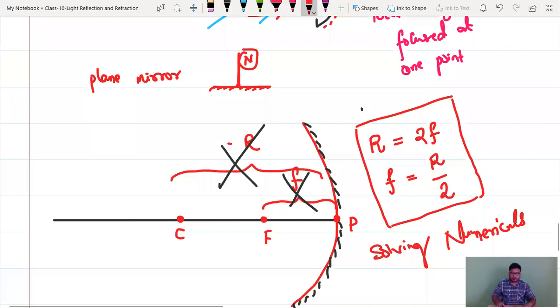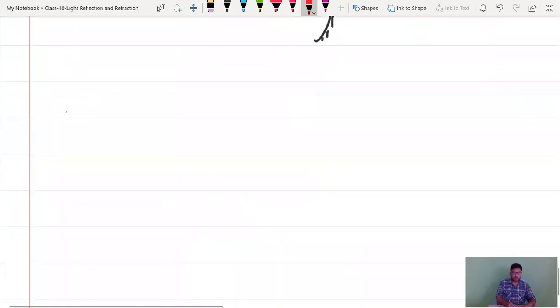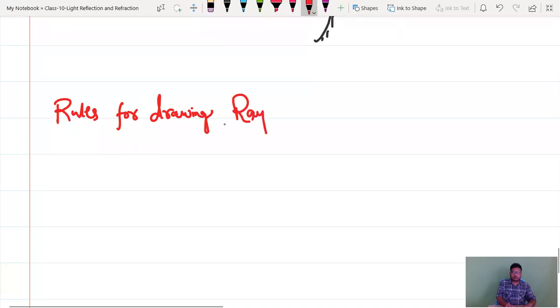Okay, now the next topic you have to understand is rules for drawing ray diagrams.